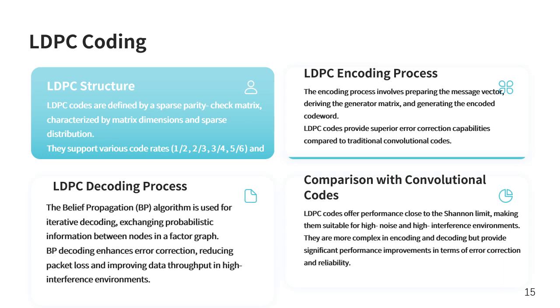Then, in the decoding process, the belief propagation algorithm is used. By exchanging probability information in a factor graph, this iterative decoding method significantly improves the accuracy of error correction, reduces packet loss, and increases data throughput in high interference environments.